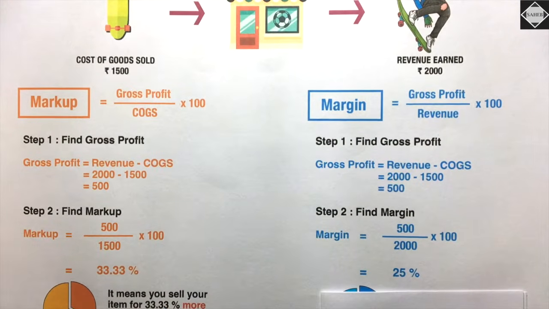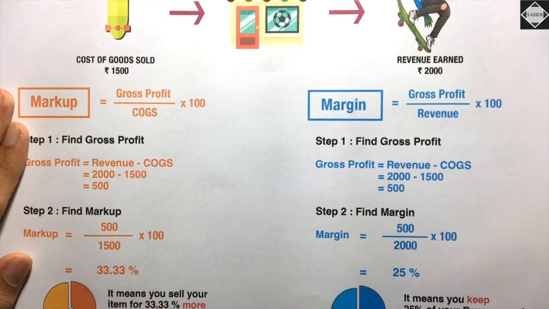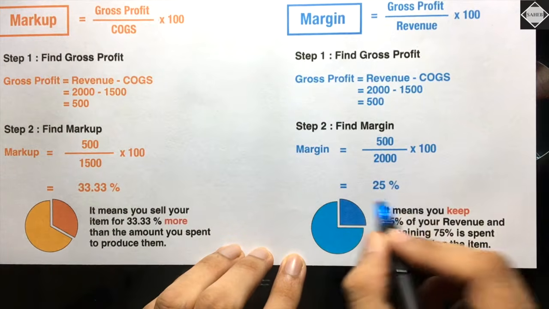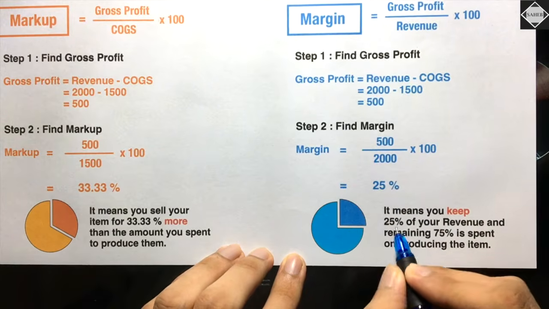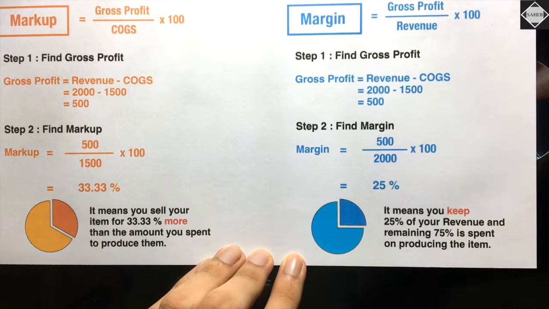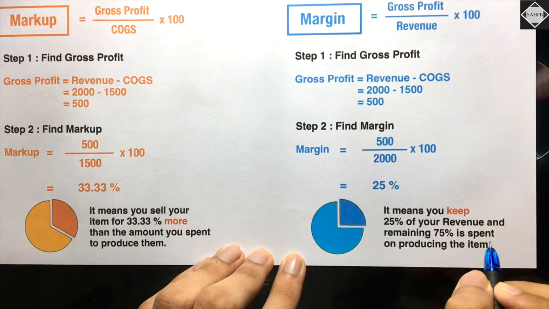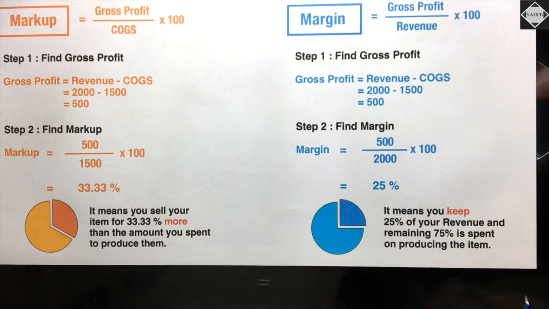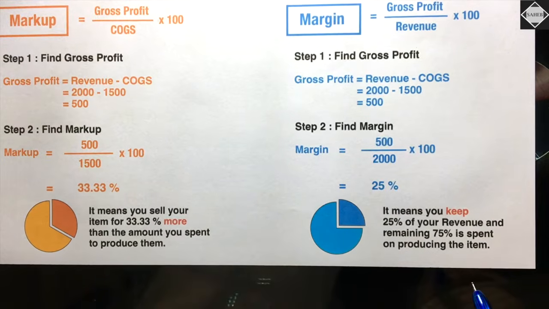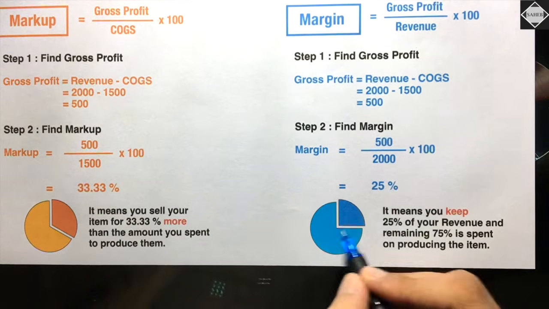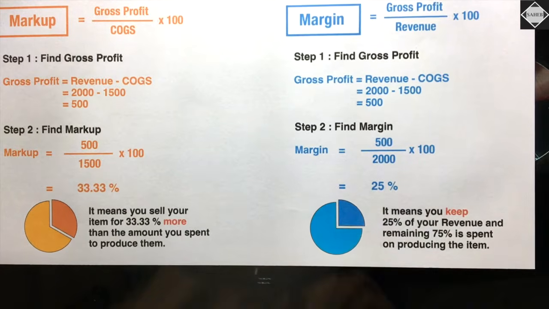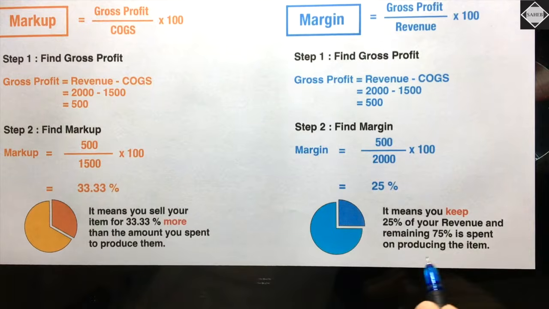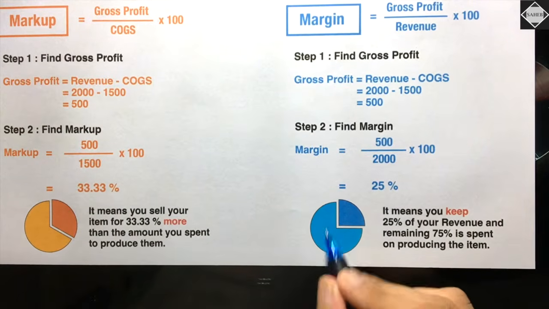Clear? Now what is the interpretation of margin? Understand the interpretation of margins here. This 25% means you keep 25% of your revenue with yourself and the remaining 75% is spent on producing the item. So 25% is your gross profit, that is what you get to keep, and the remaining 75% is spent on producing the item, so that is cost of goods sold.